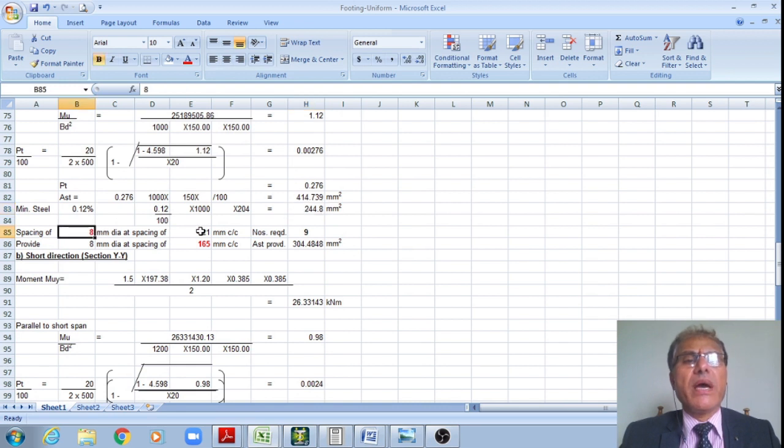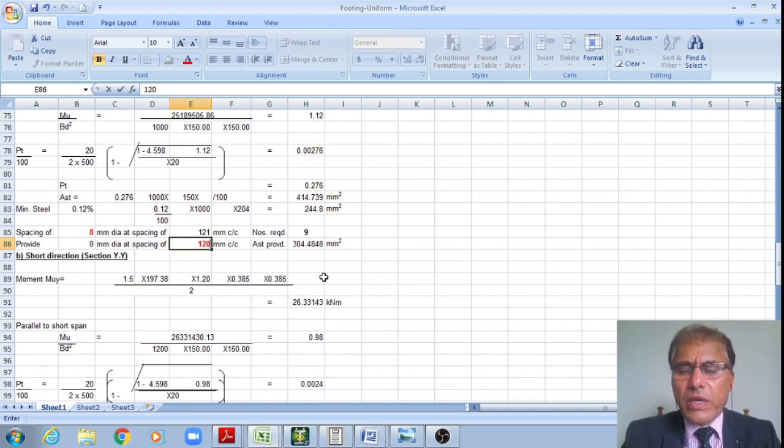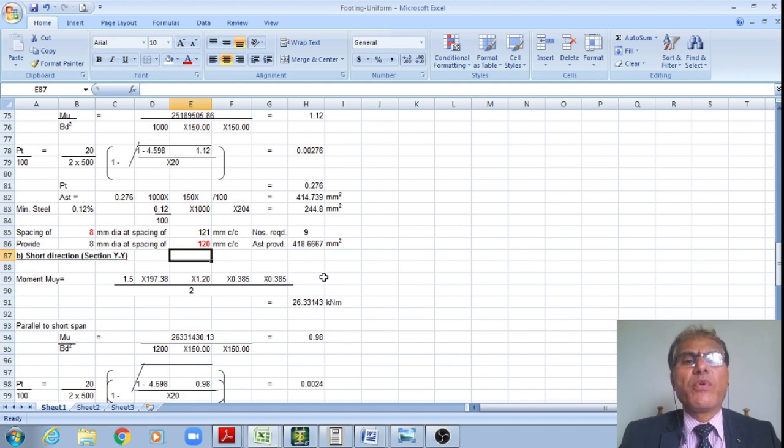Assuming 8 mm dia, I require 121 mm spacing. Therefore, let us say I'll provide 120. If I provide 120, then the provided is 418, required is 414.